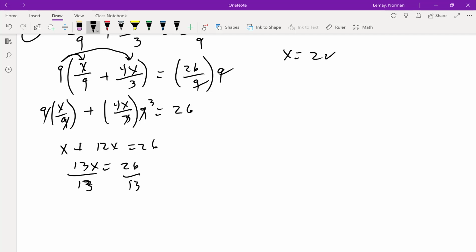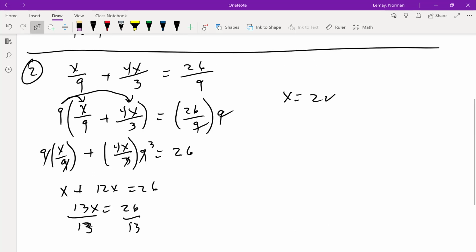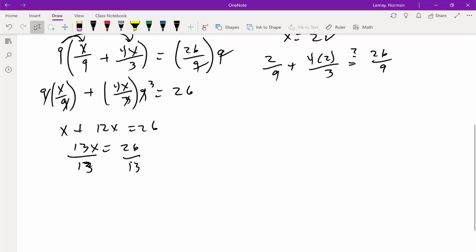All right. So if you'd like, you can go ahead and substitute back into the original equation just to quickly verify. So we get 2 over 9 plus 4 times 2 over 3 equals, and that's what we want to verify, 26 over 9. So 2/9 plus 8/3 equals 26 over 9.